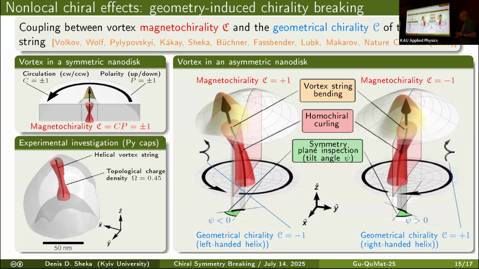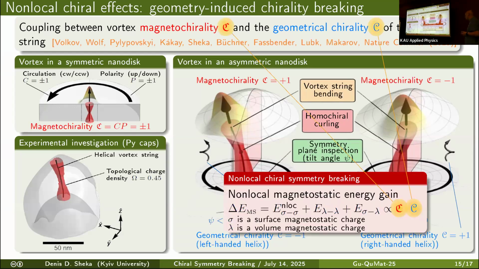As we know, there exist left- or right-handed helices, and what was found is that there appears a coupling between the geometrical chirality of the helix and the magnetic chirality of the vortex. Calculations and theory also confirm this result.